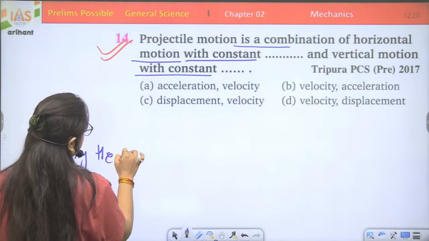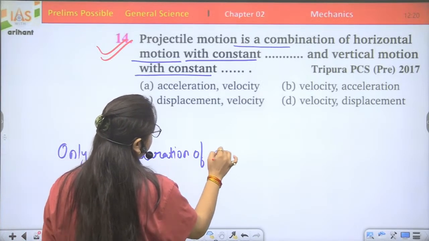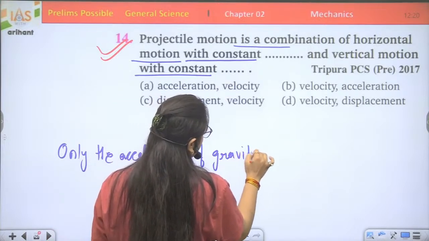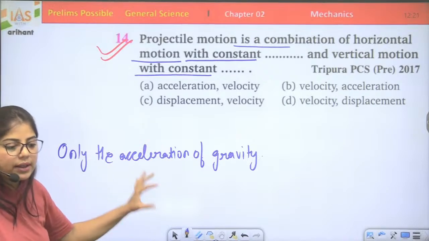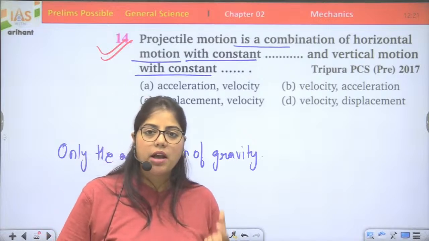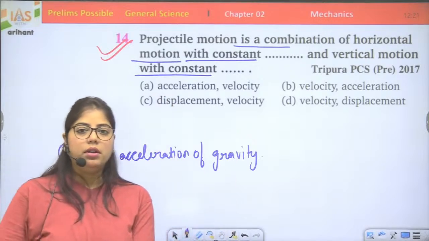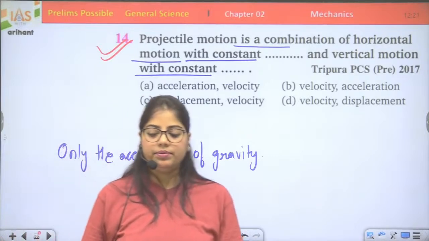Only the acceleration of gravity. The object is called a projectile and its path is projectile motion. What will be the right answer of this question?